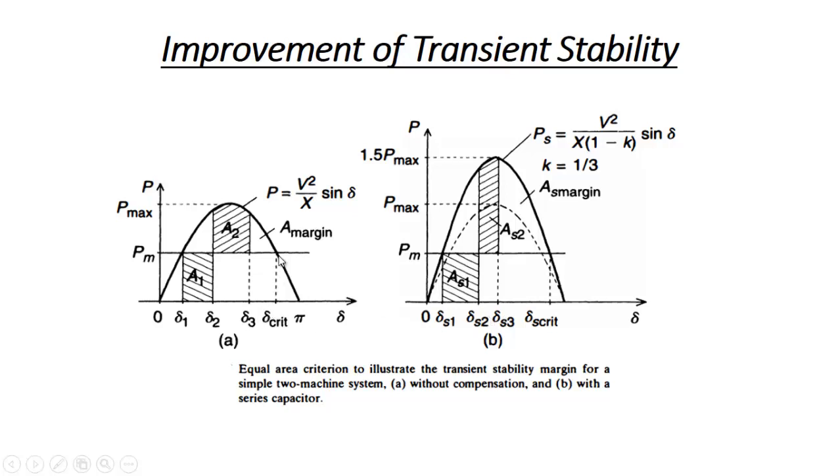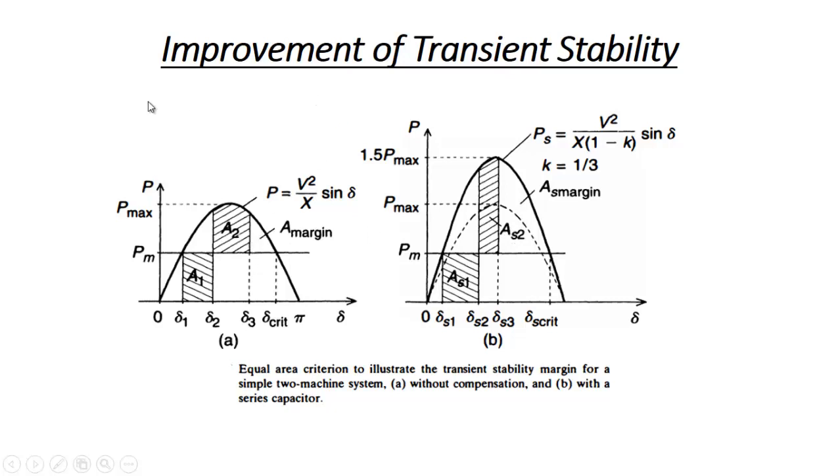So the area that will remain for it to sweep after this delta 3 will be more. In that case, we say that the transient stability for a series compensated system will be more as compared to the uncompensated system. You can see that the margin for the sweeping of the rotor of the generator is more as compared to this one.